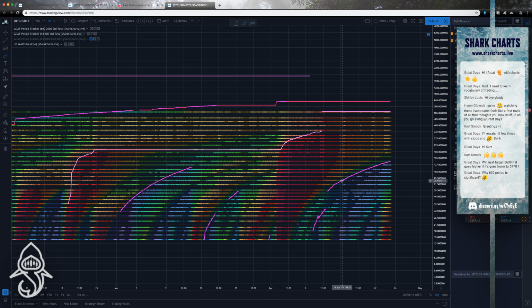Let's find out how many bars. 1, 2, 3, 4 bars. It's only a 4-bar difference until the volatility overheads will reach the same reading.